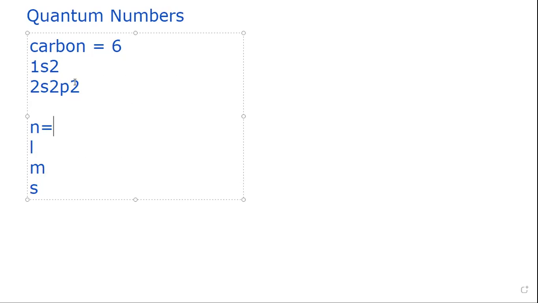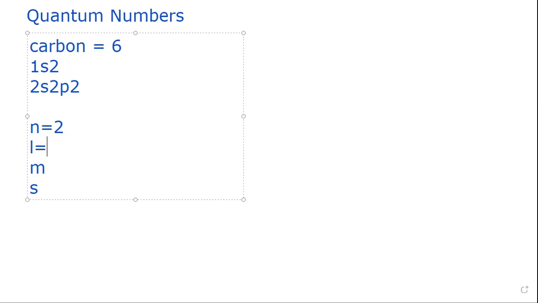What is the energy level where you find it? The second. Second, or energy level 2. Thank you. Now L, or the azimuthal, refers to the sublevel. In which sublevel is placed this electron? What is the sublevel where you find it?